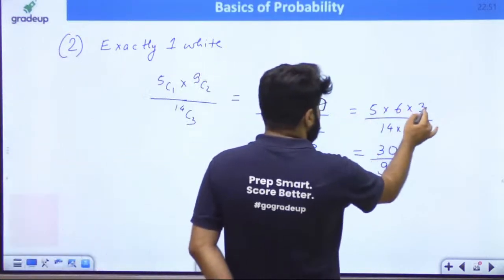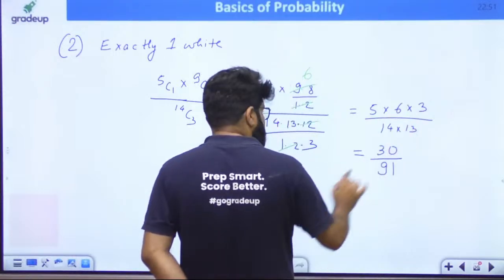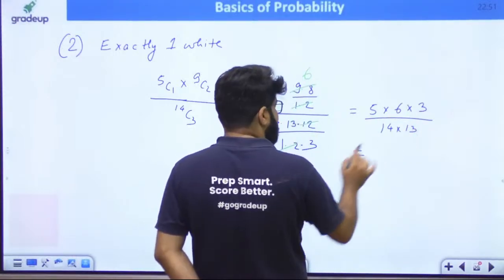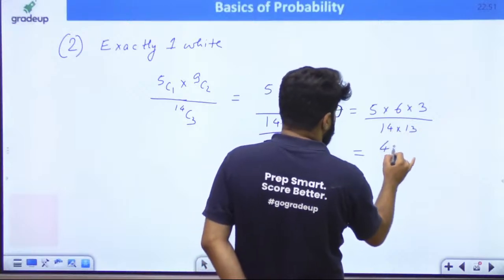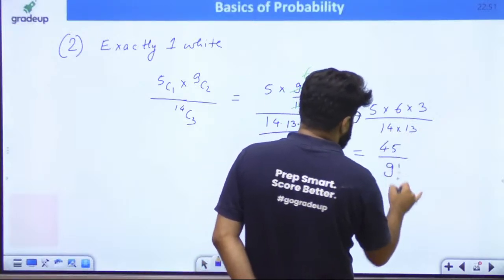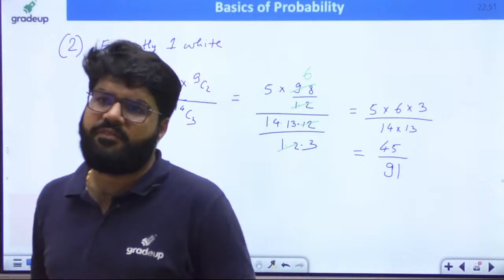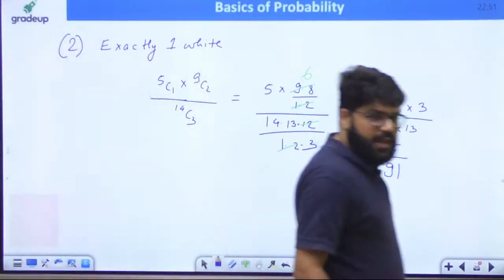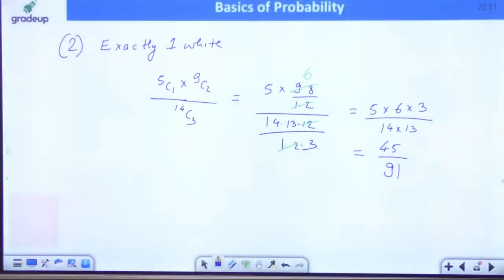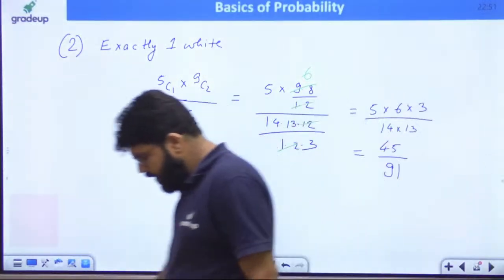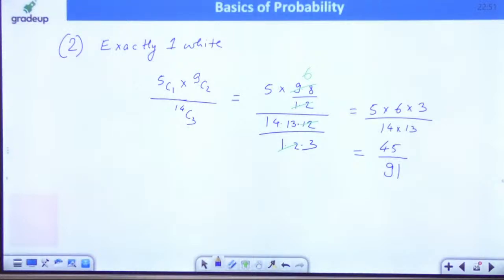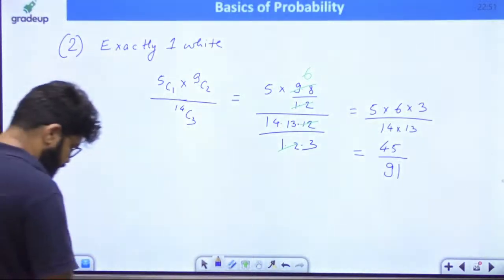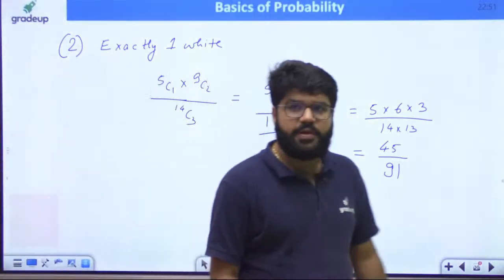Nahi. 5 3 15. Yeah, sorry. The calculation will be, I cancelled with 2. So it is 45 divided by 7 into 13. That is 91. 45 by 91. Everybody correct. Correct, yes ji. Bahut badhiya. 45 divided by 91. Right all? 45 divided by 91.